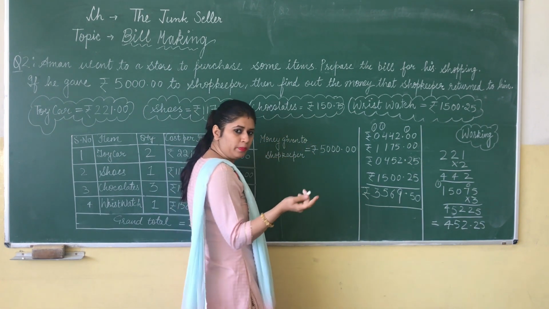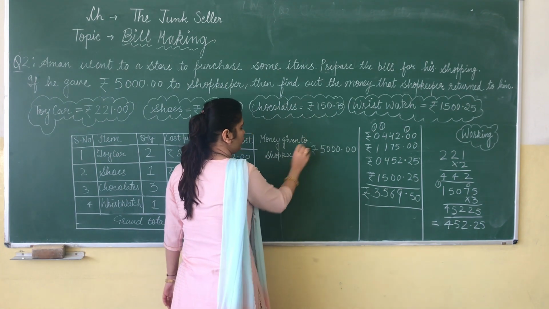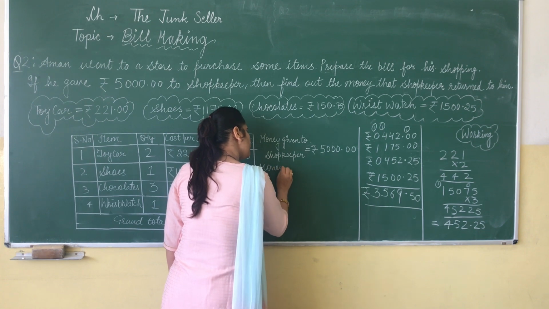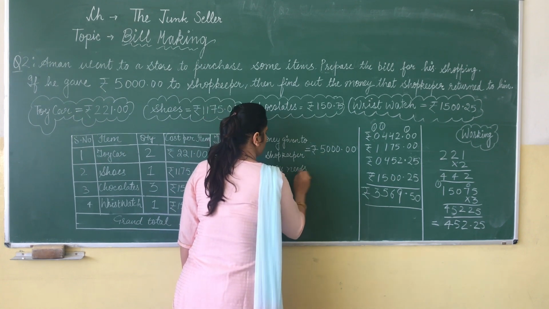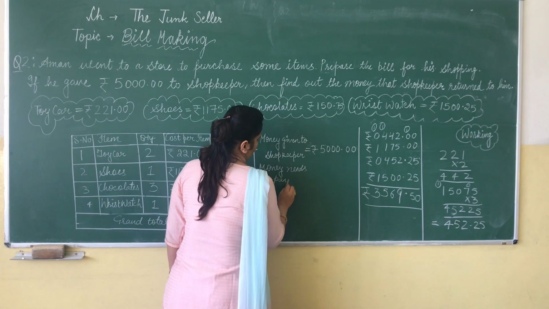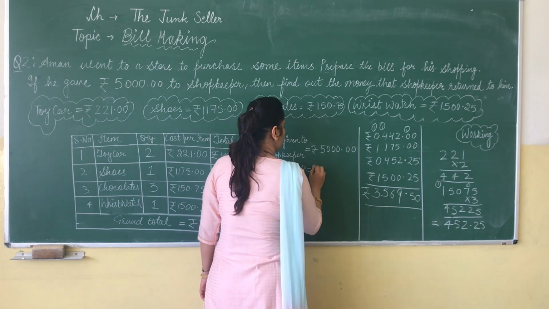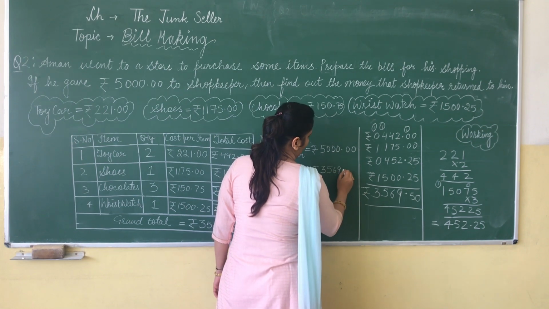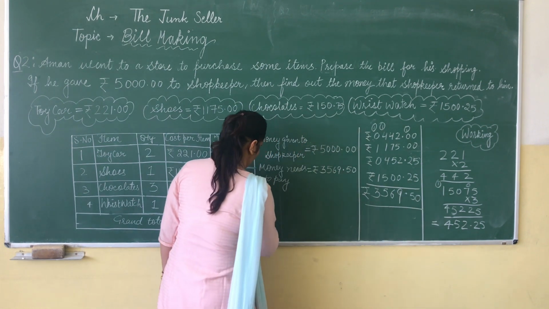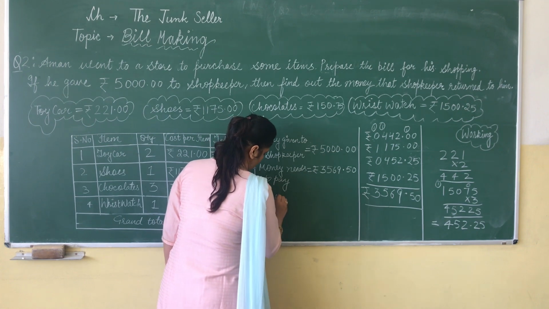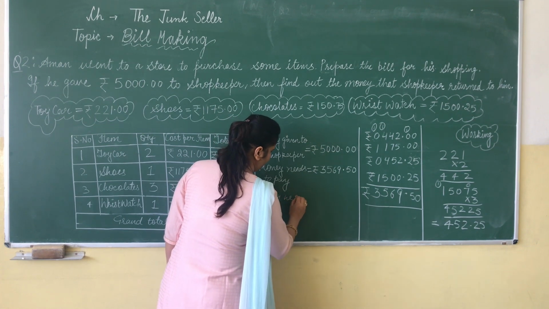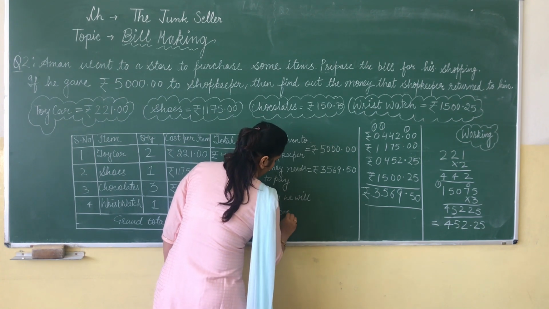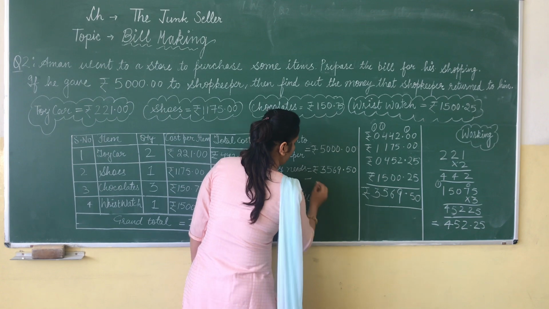Money he needs to pay, that is rupees 3,569. Money he will get back. So what we need to do? Subtraction.